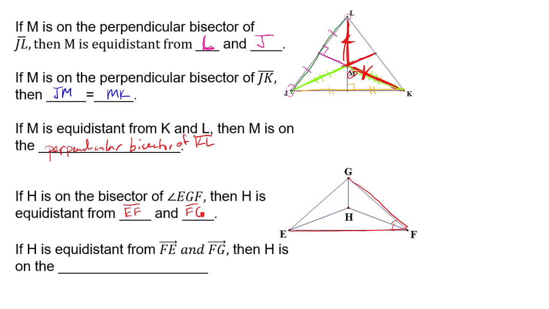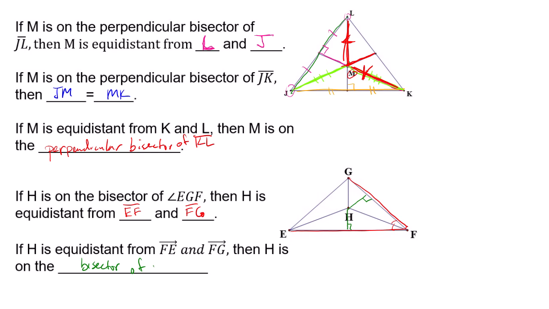If H is equidistant from FE and FG, then H is on the, so if H is equidistant from FE, this one here, and draw a better perpendicular there, and FG, then H is on the bisector, right, of EFG.